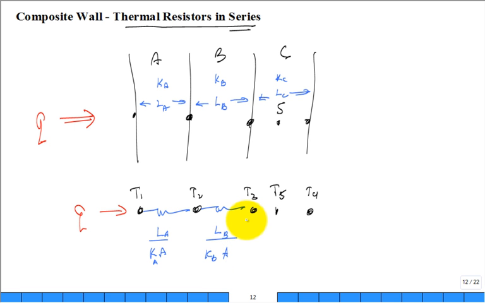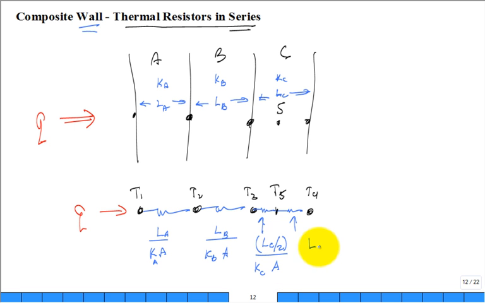If this is a composite wall and it's a rectangular system, typically we're not changing the area. The area is the same as it flows through. All right, let's go ahead and put it here and then here. And what about this resistor right here and that resistor right there? Wouldn't it be L sub C divided by 2, half of the thickness, divided by the thermal conductivity of C times area?